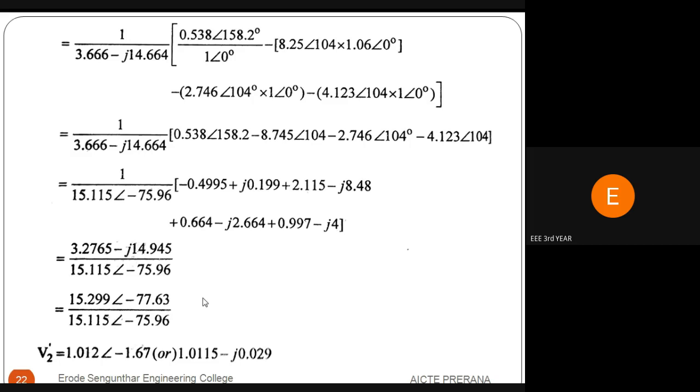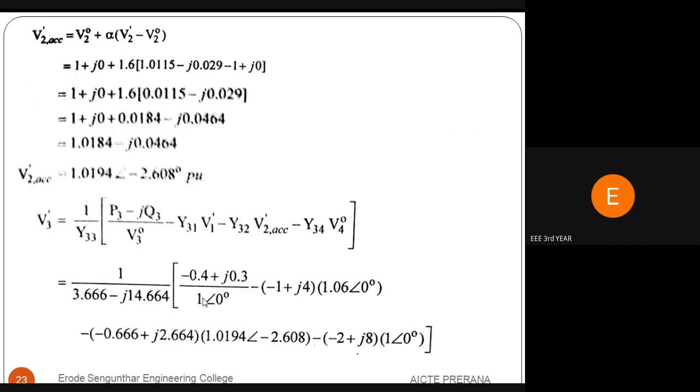After finding V2 dash, we have to calculate the V2 accelerated value. To calculate it, we know the formula: V2 accelerated is equal to V2 old plus alpha times (V2 dash minus V2 old). That is 1 plus j0, plus 1.6.